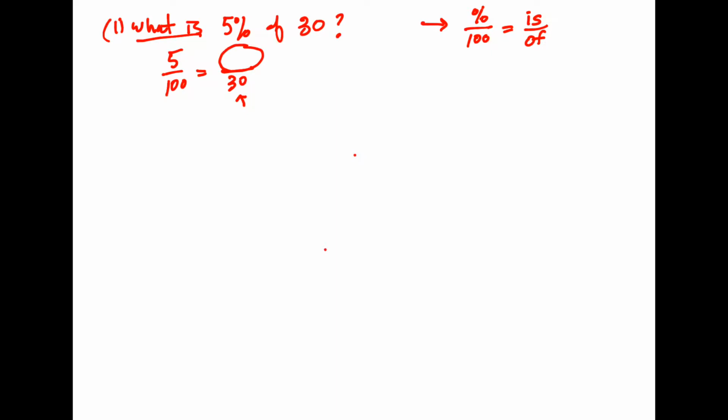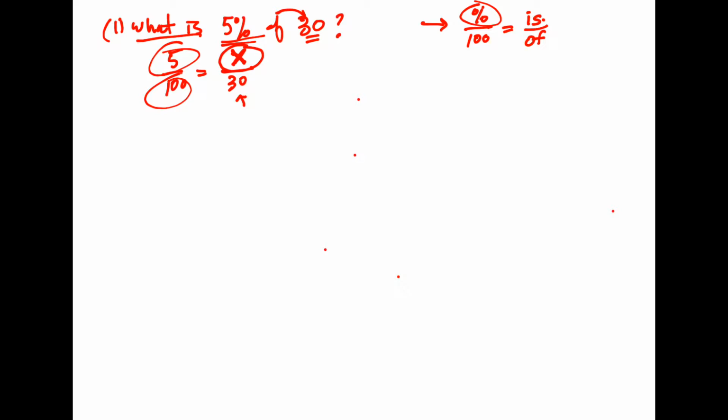Well, 5% I know is my percentage, so I know this goes here. And it's always over 100, so 5 goes over the 100. The is part, notice the is on the top, is our what. So in other words, this is my unknown. What is, right? And the of is going to the 30, so the 30 goes down here.